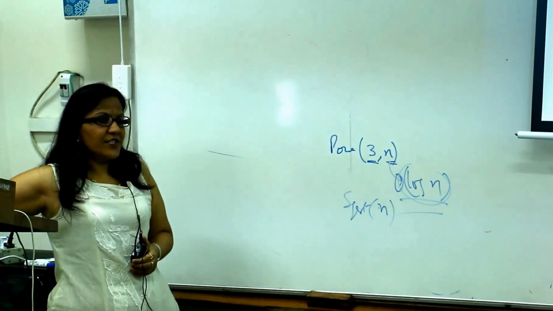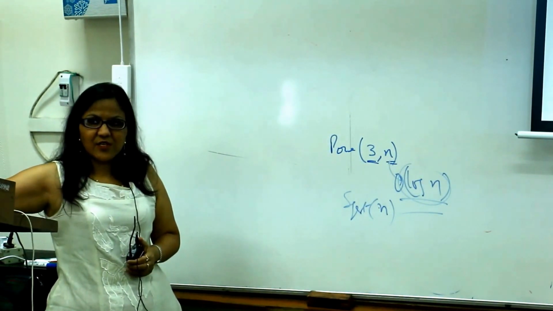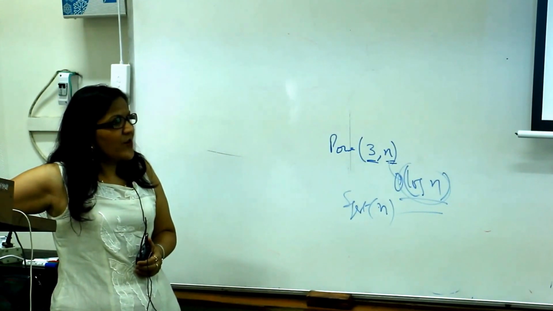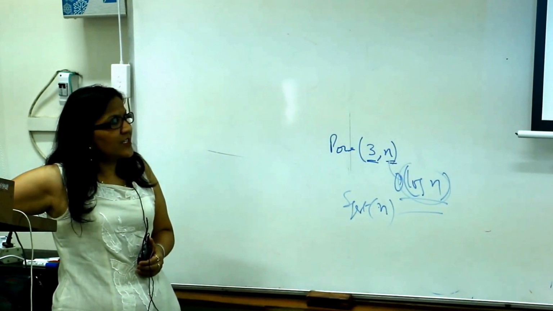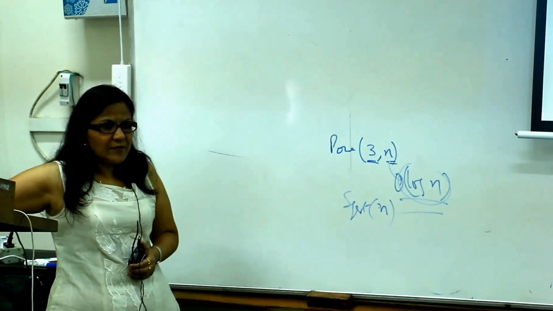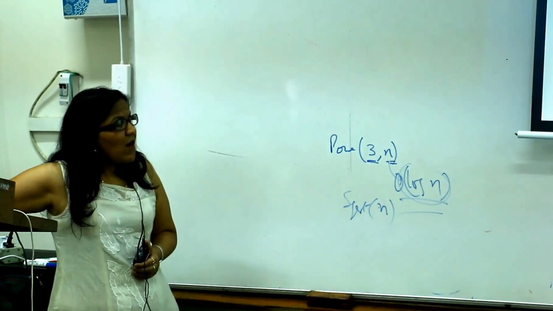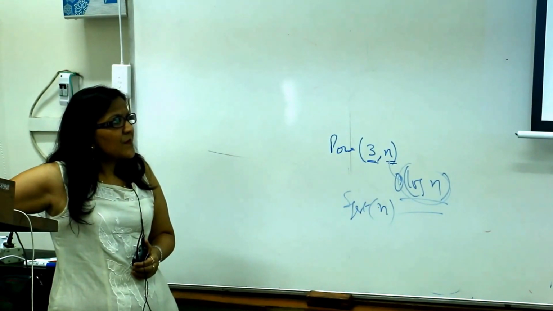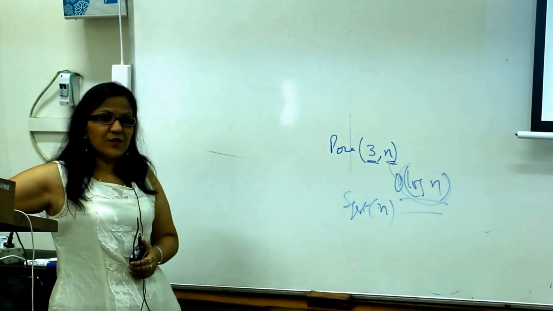Product of two large integers. That's another problem we'll look at. We'll see how we can multiply two large integers x and y, each consisting of n digits. So again, what do we mean by large?